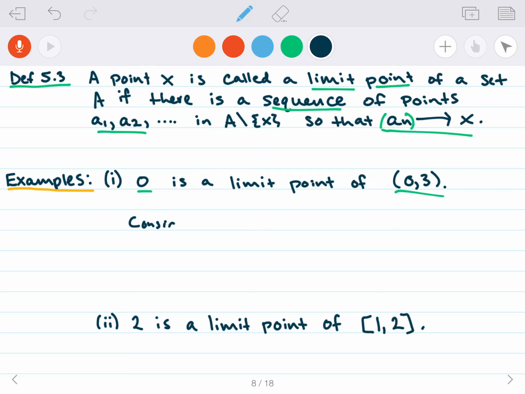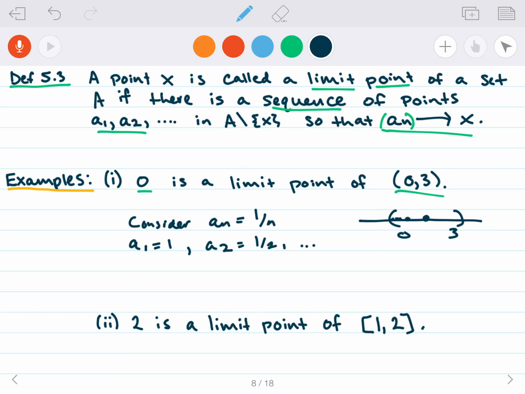So consider a sub n equals 1 over n. Well then, a1 equals 1, a2 equals 1/2, etc. These are all in here. It's just like here's 0, 3, here's 1, here's 1/2, and so forth. It's never going to get to 0.